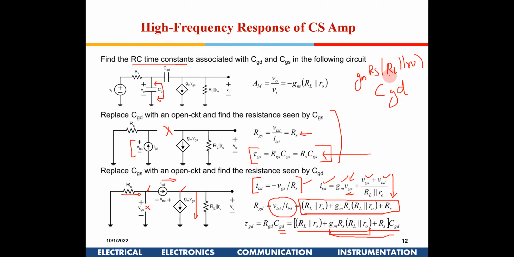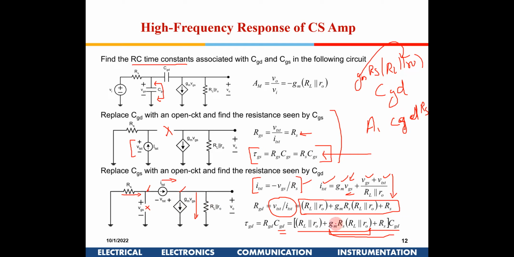Now, what is this GM into RL parallel to R0? That is the gain of the amplifier, right. So it is A into CGD into RS, right. So what is actually happening, right. So the second, yeah, why is RS neglected here?